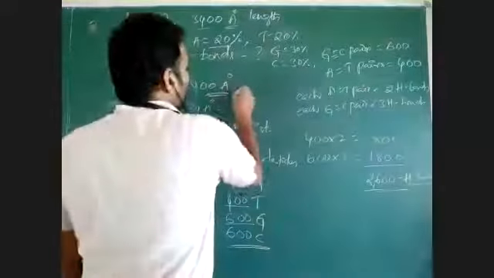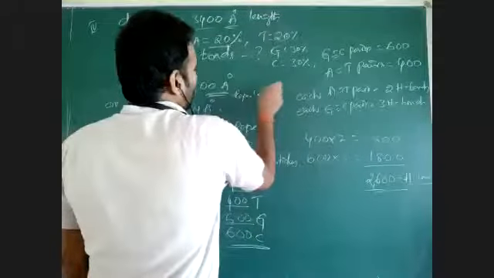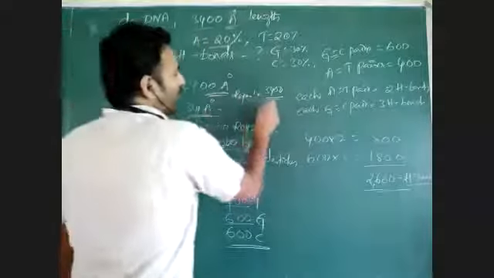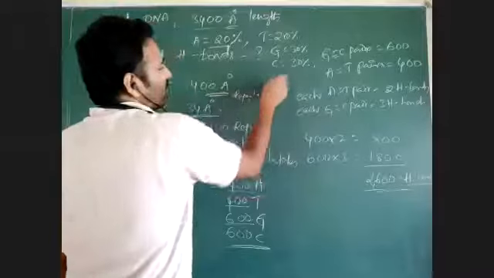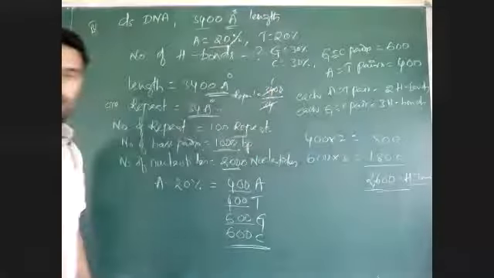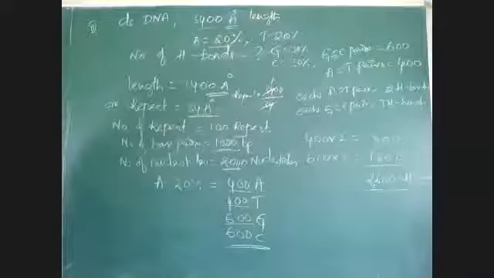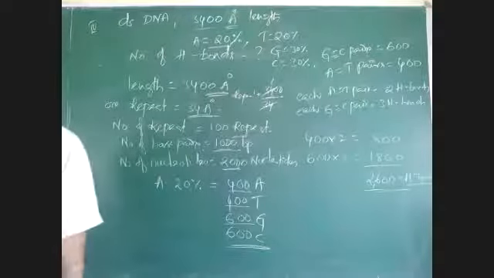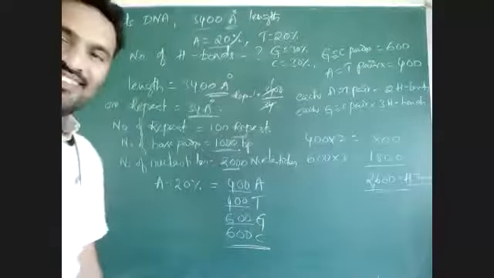So number of repeats is equal to 3400 by one repeat, 3400 by 34. Is it clear, Ulageshwaran?